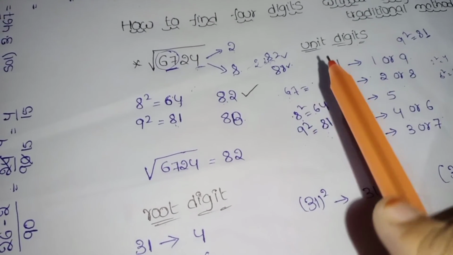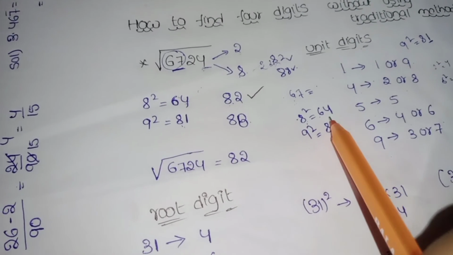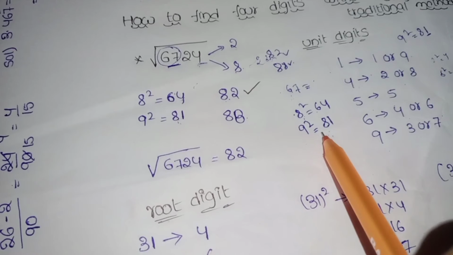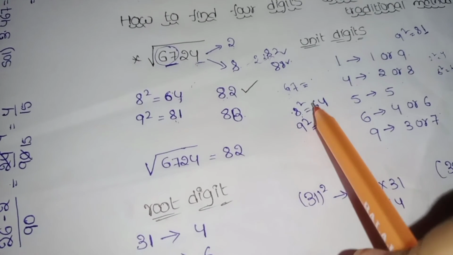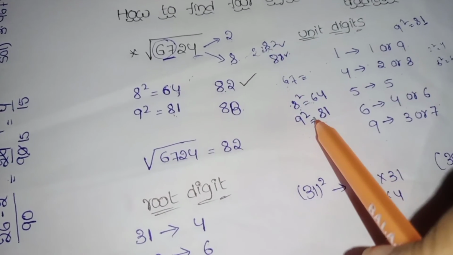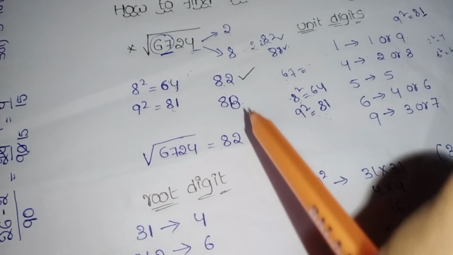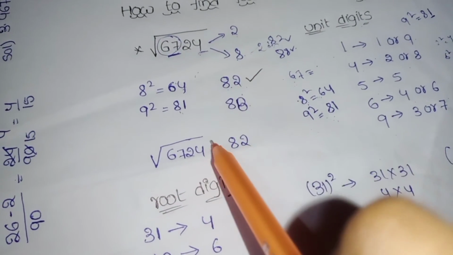But which is nearer to 67? 8 square is near to 67. So we take the number above, the number near to 67. So here it is 82. So the answer is 82.